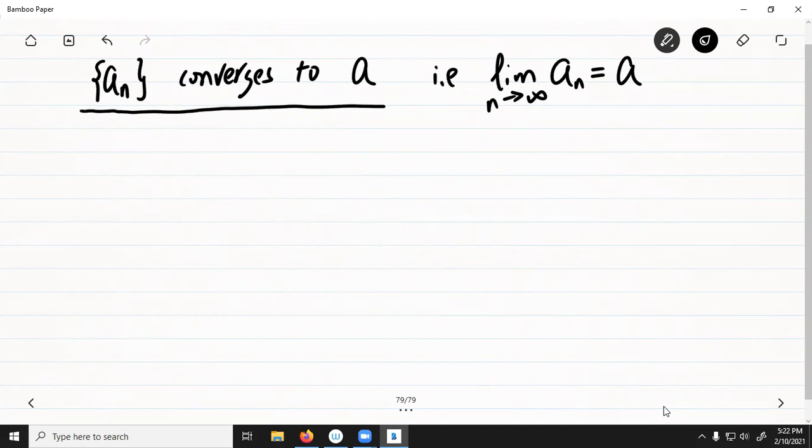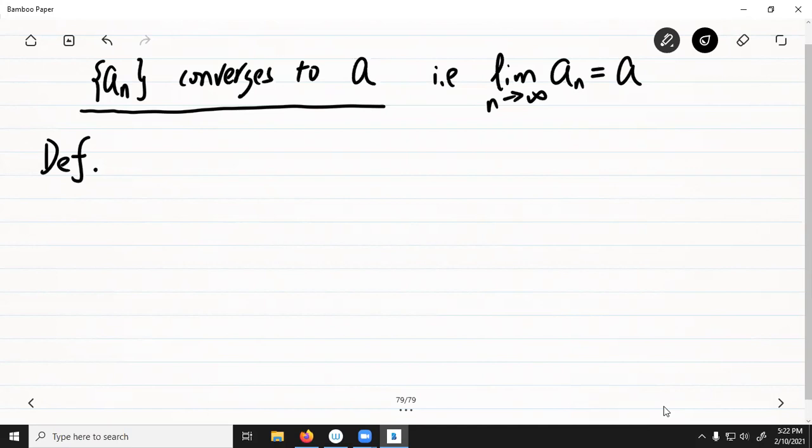Let's look at the definition. It took about 2 centuries to arrive at the precise definition for the convergence of a sequence.